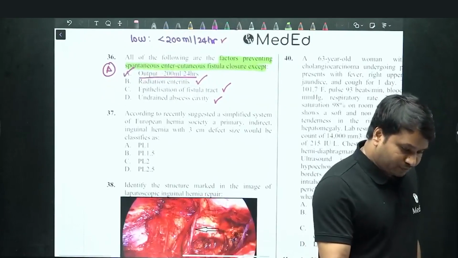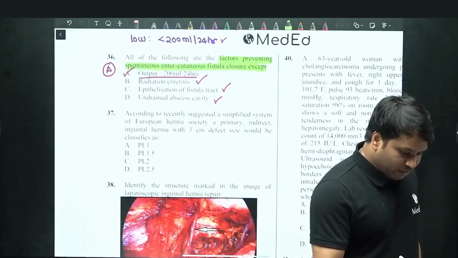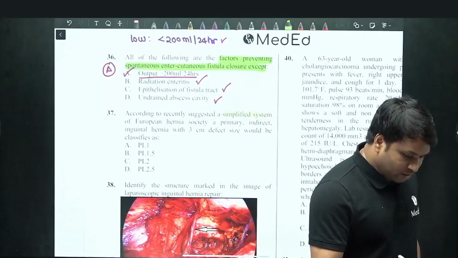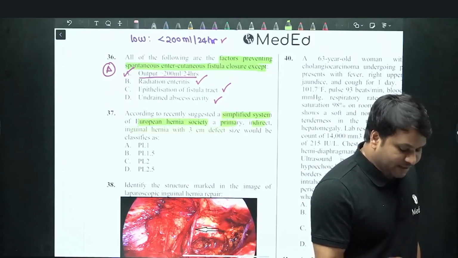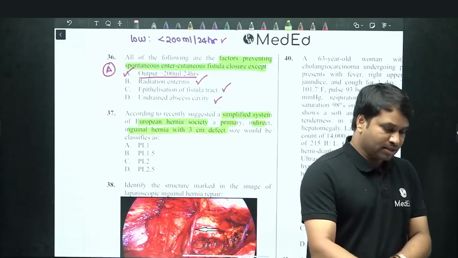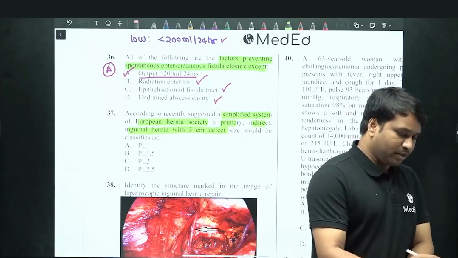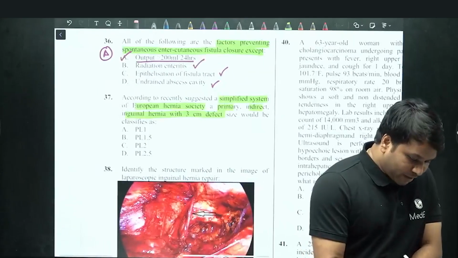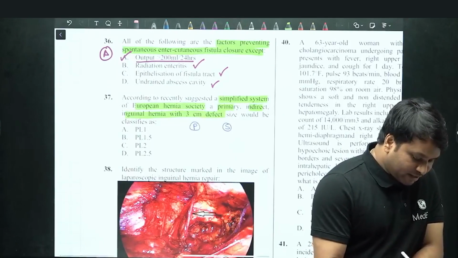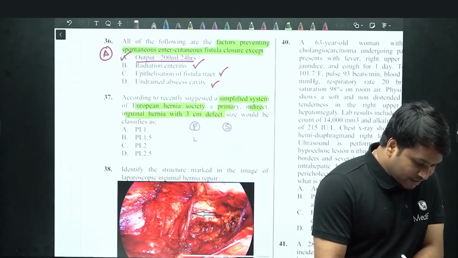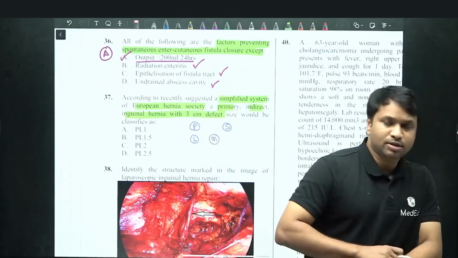Now question number 37, according to the suggested simplified system of the European Hernia Society, a primary indirect inguinal hernia of 3 centimeters. Now this system has given you a very simple component. Either it has to be primary or secondary. So P is primary, S is secondary. Then L stands for lateral, M stands for medial or midline hernias.